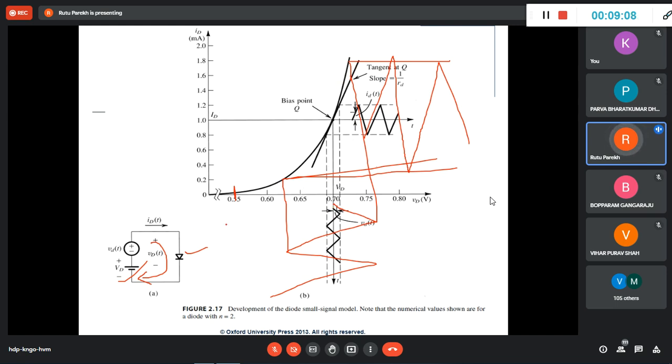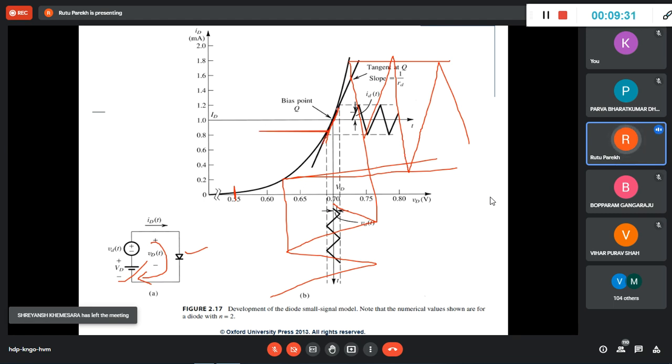So if the signal is very small, you bias the diode, first make it conducting by giving the proper voltage, that is 0.7 here. And we ensure that it is a little change where the tangent, the line that is here, has a slope that is almost constant.